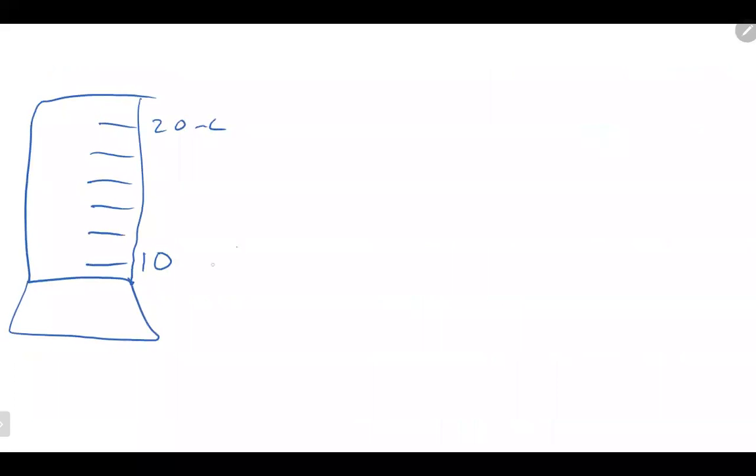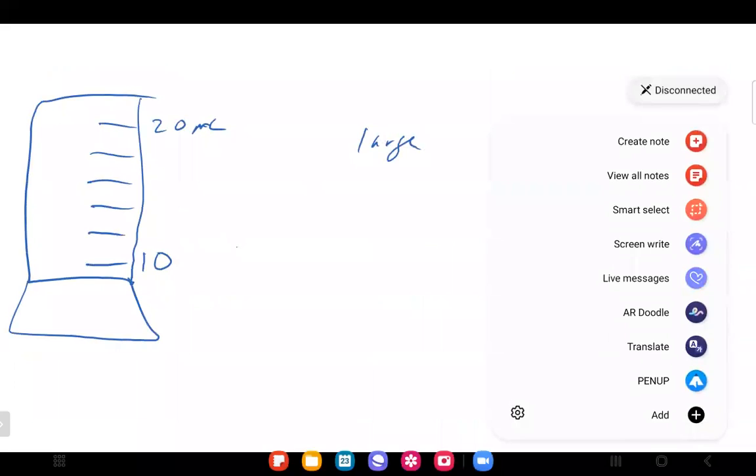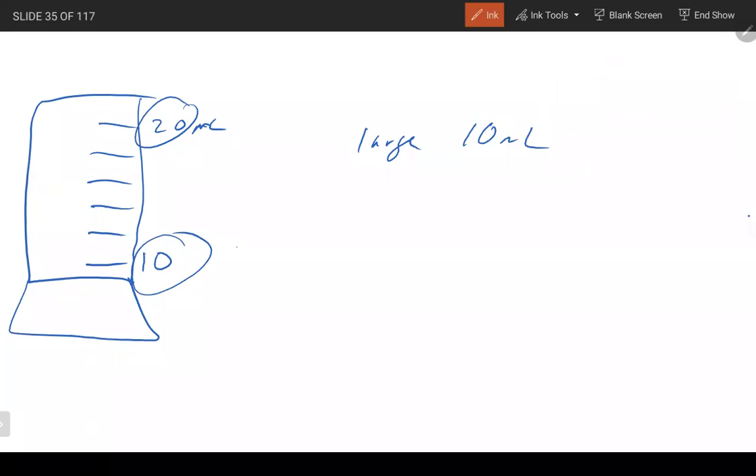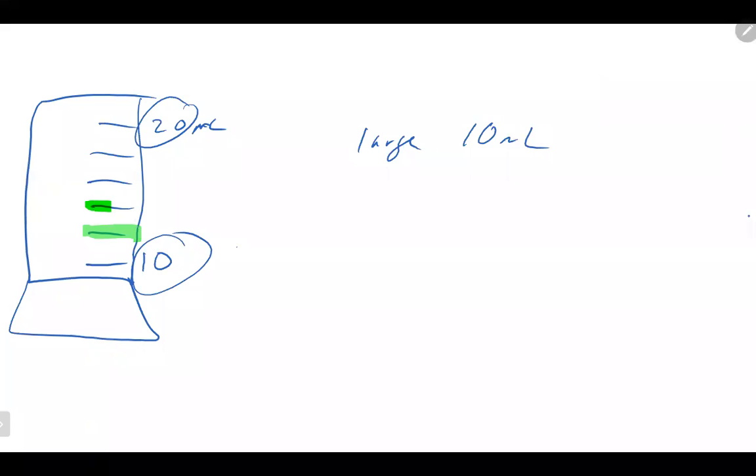Let's say I had this. Now our large markings, between the two large markings 10 and 20, is still 10 milliliters. In this particular case, I have 1 marking, 2 markings, 3 markings, 4 markings, and 5 markings.